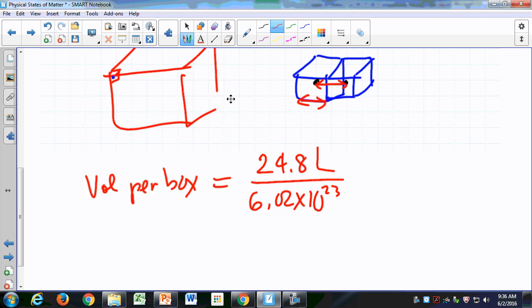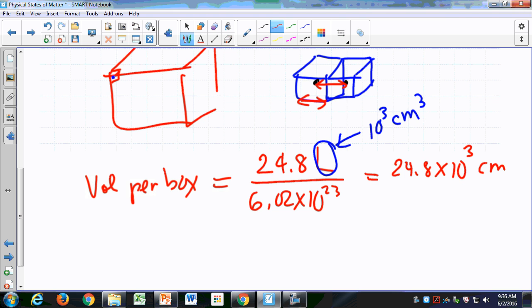I'm going to change my unit here to make it easier to figure out. A liter is 1,000, so 10 to the 3rd cubic centimeters. 1 liter is 1,000 milliliters, and a milliliter is a cubic centimeter. So I can write this as 24.8 times 10 to the 3rd cubic centimeters divided by 6.0 times 10 to the 23rd.